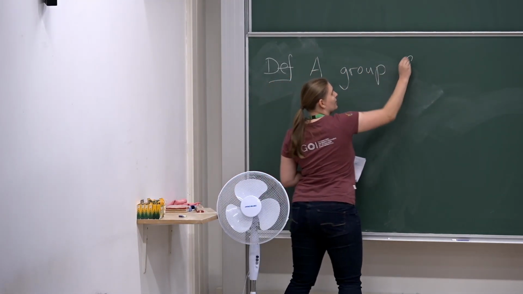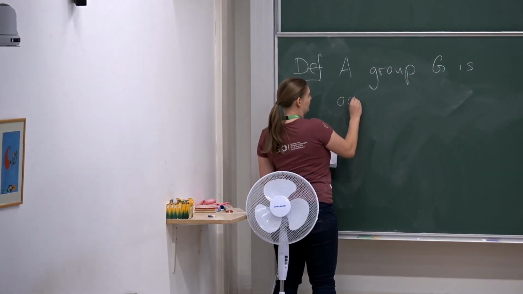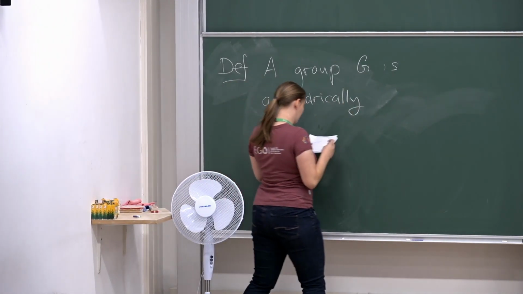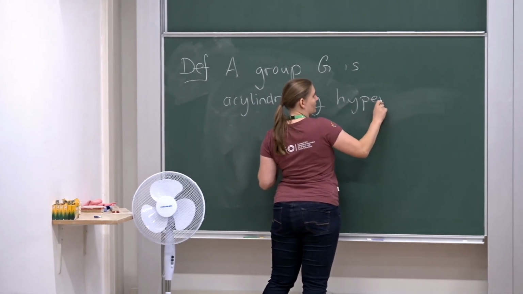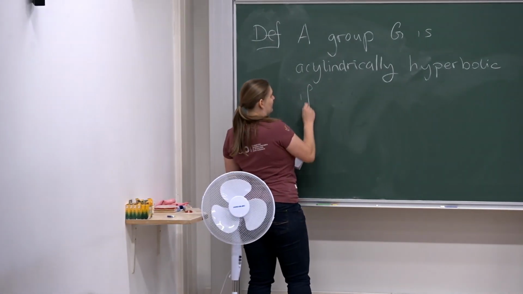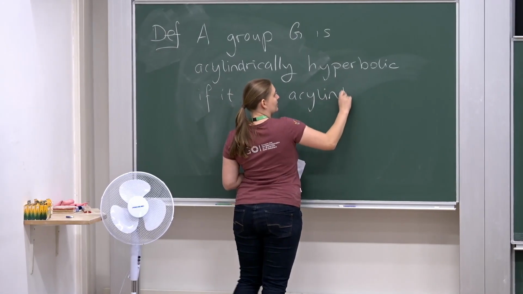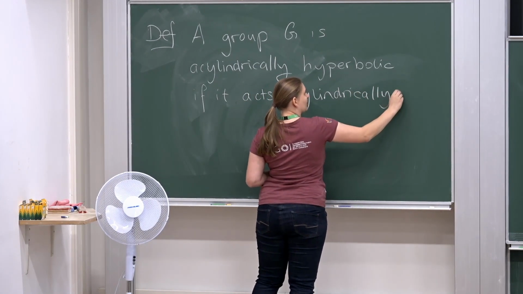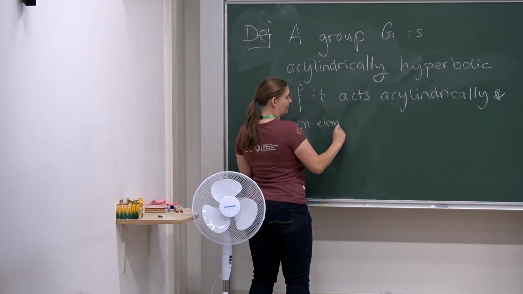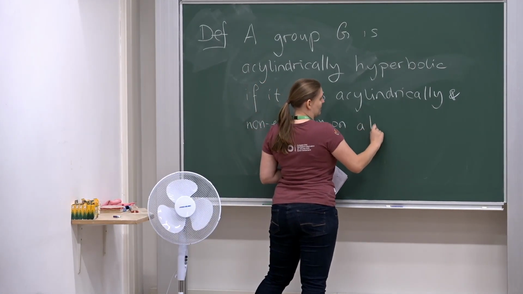A group G is acylindrically hyperbolic if it acts acylindrically and non-elementarily on a hyperbolic space.